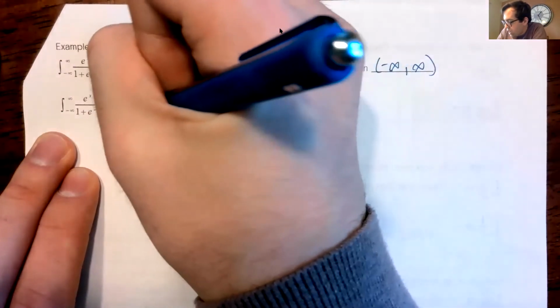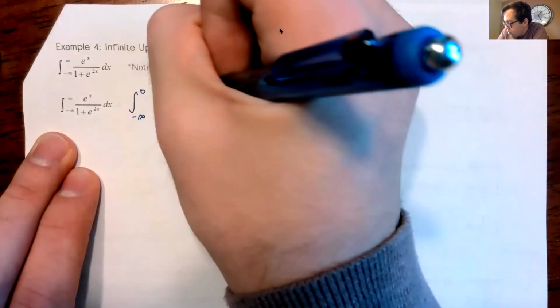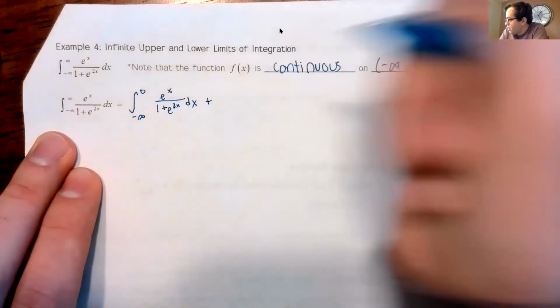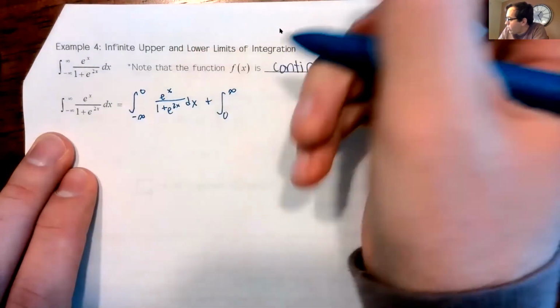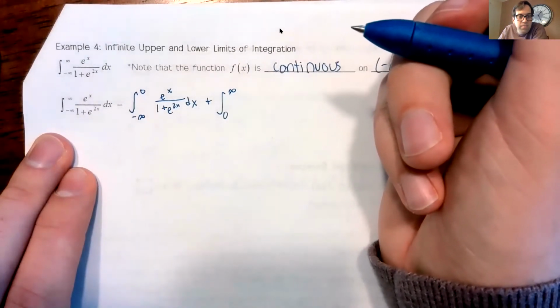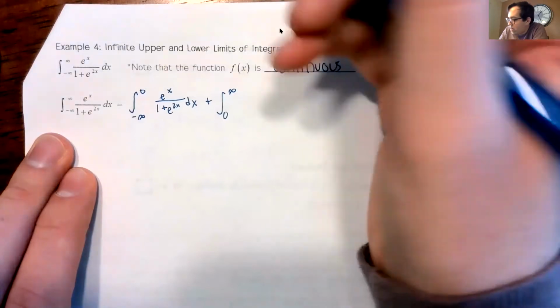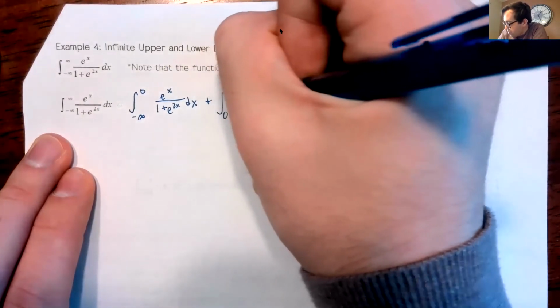So first step, I'm going to split this up into the integral from negative infinity to 0, and then the integral from 0 to positive infinity. We know from properties of integrals that that is going to sum to the same thing. We just split it in two, so it should work out okay.